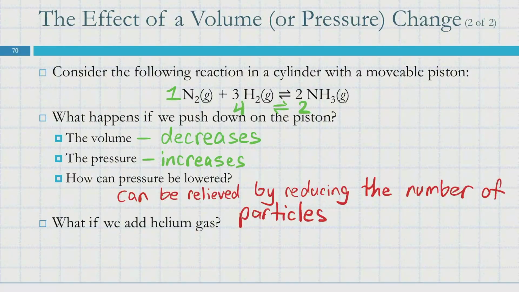So we can make this system take up less space if we shift the equilibrium to the right. If we make more NH3, more ammonia, those ammonia molecules are more compact. We've crammed more atoms into a smaller number of particles, and so that's going to help lower the pressure.